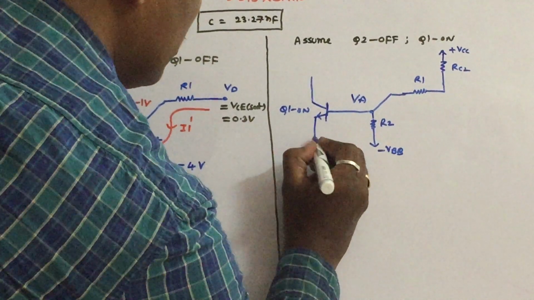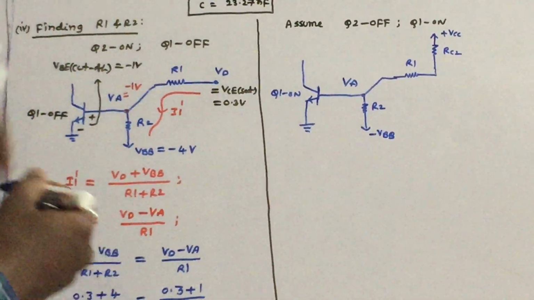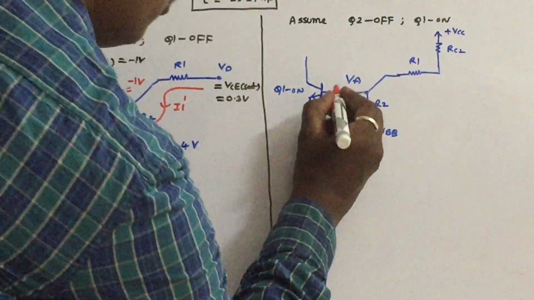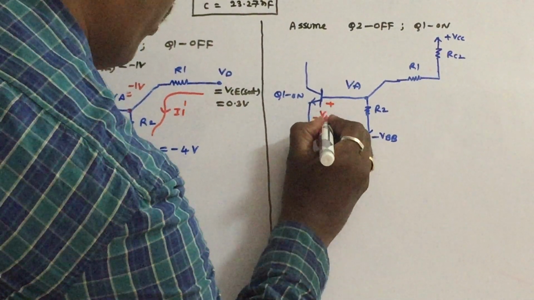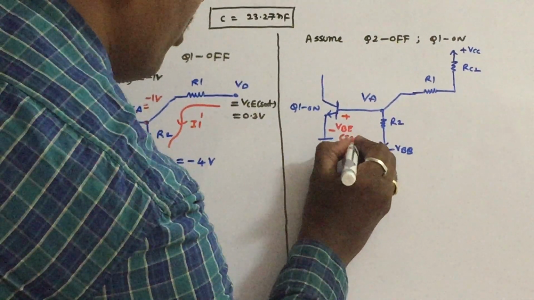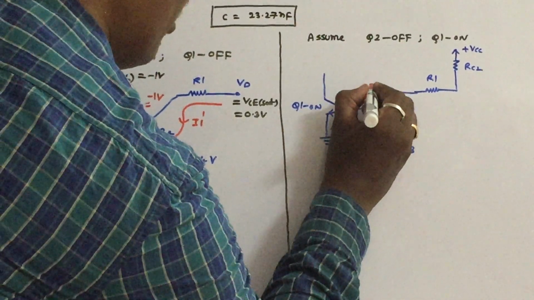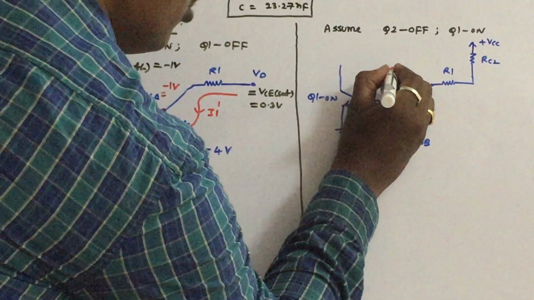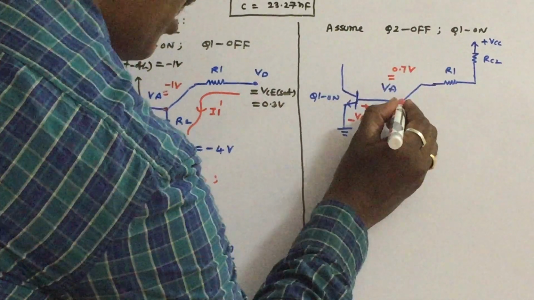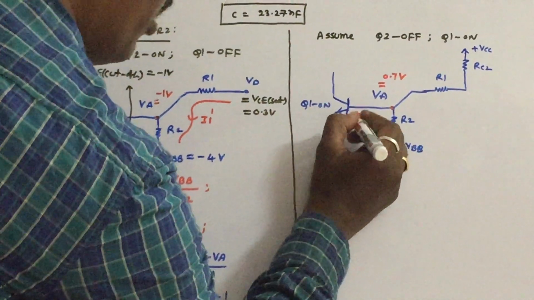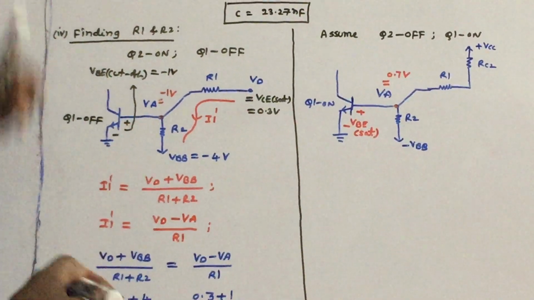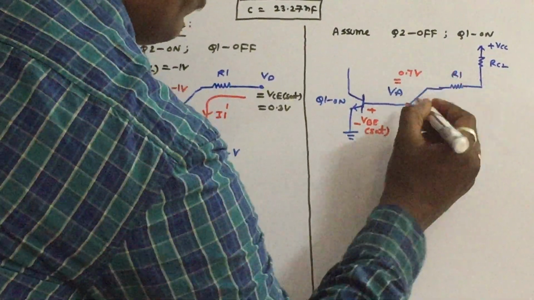So let us ground this. Since this transistor is in conduction, its base to emitter voltage is, from simple transistor knowledge, VBE saturation, which we have assumed as 0.7 volts. Because this node is directly connected to base to emitter voltage, VA is equal to 0.7 volts. From this you can find out R1 and R2.